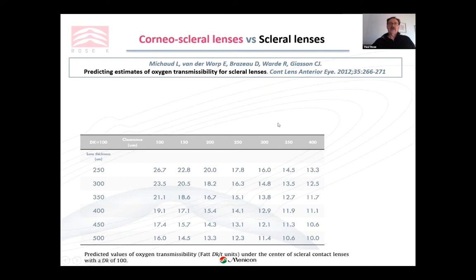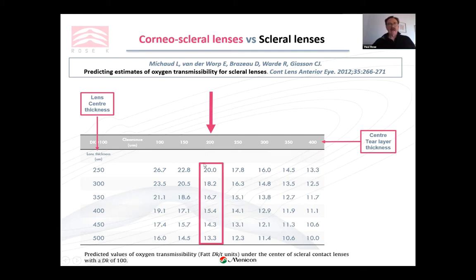This was a hypothetical look at trying to predict the amount of oxygen available through a scleral lens to the cornea. Researchers did this several years ago, and here we have the lens center thickness in microns. Here we have the center tear layer thickness, and most laboratories say you need at least a 200 micron tear layer thickness here.